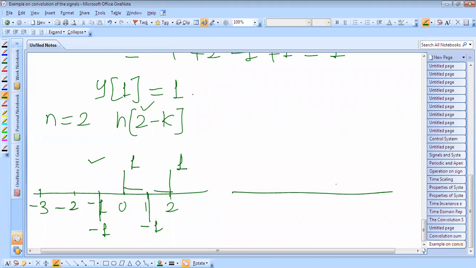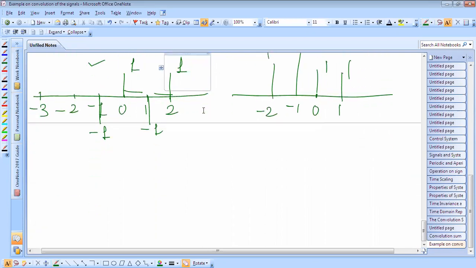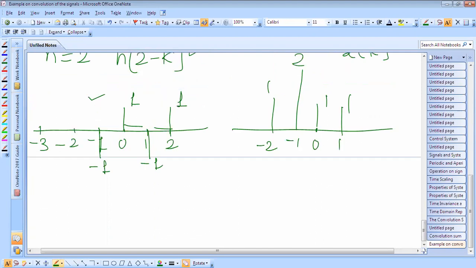Okay, now the input is the same here. Again at 0 it is 1, again at 1 it is 1, at -1 it is 2, and at -2 it is 1. Okay, this is x of k, that is the input, and this is the impulse response. We are taking the product of these. So y of 2, because we have substituted n is equal to 2. Now for -2 there is an input signal, but there is no impulse response signal, so it is 0.